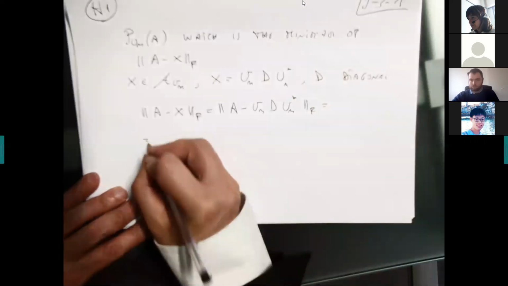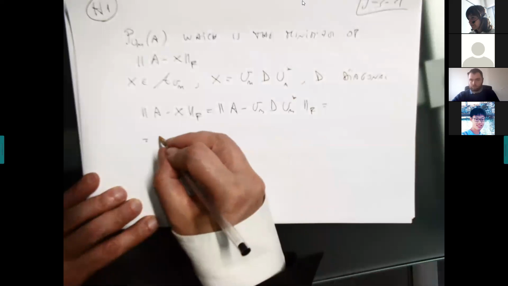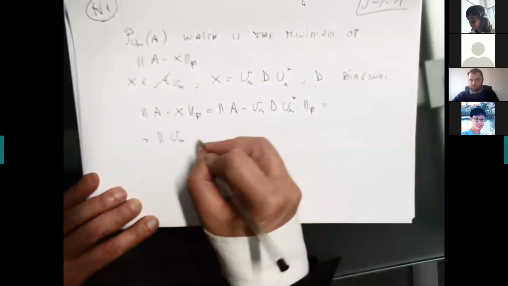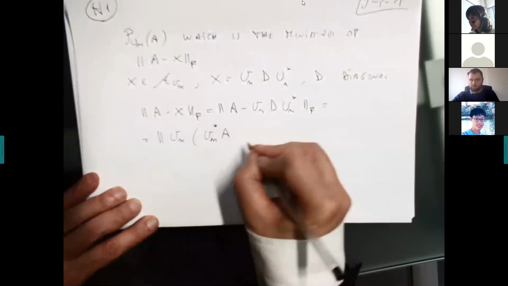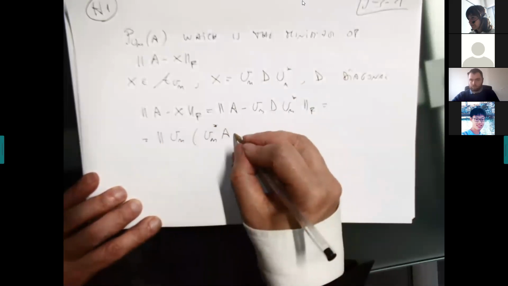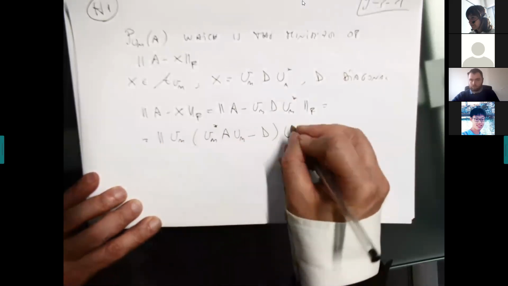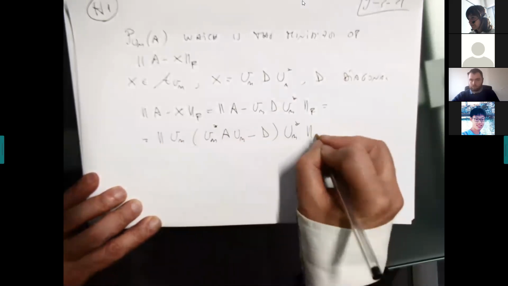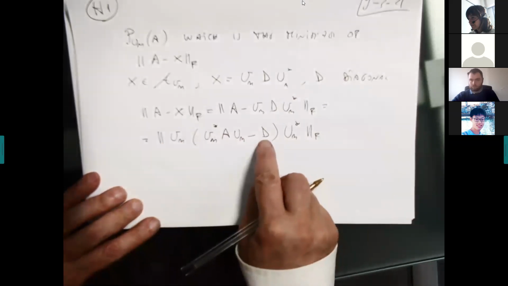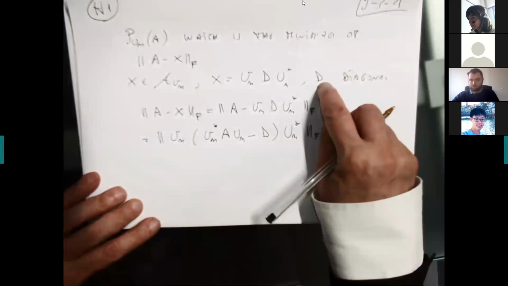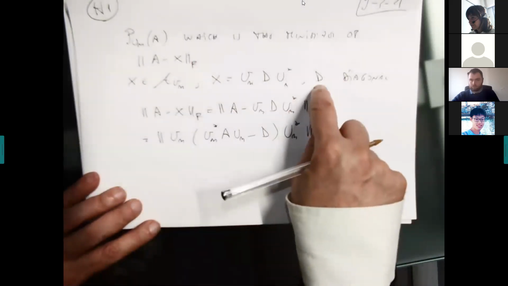But then U_n is something that I can put in evidence. Since the unknowns are in D, I have to find the D that makes this minimal.